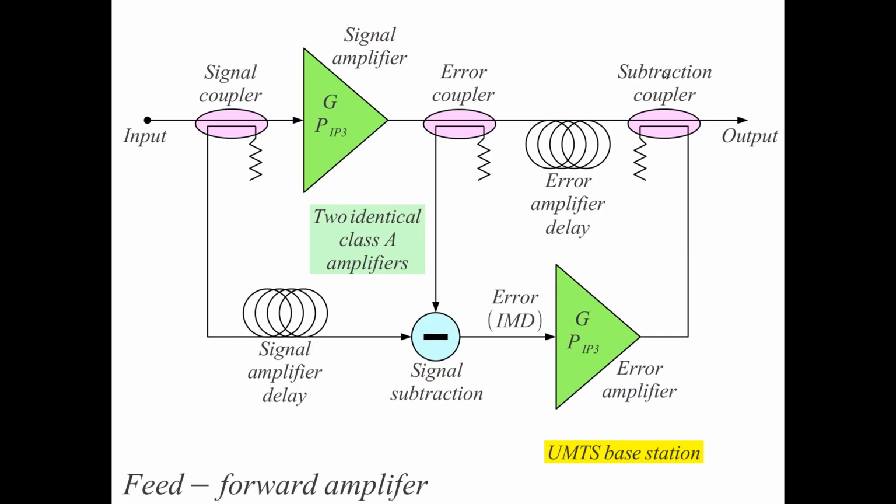One solution that was also tried, but was very inefficient, was the feed-forward amplifier. The feed-forward amplifier actually included two high-power amplifiers. The first was the signal amplifier, which produced at the output some intermodulation distortion.